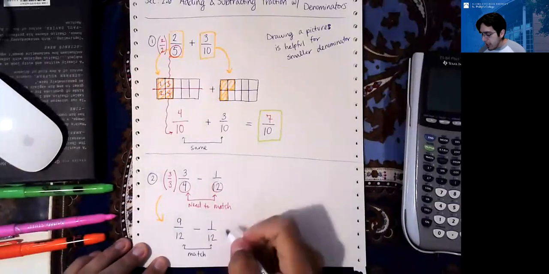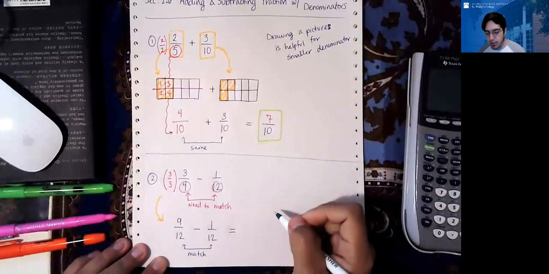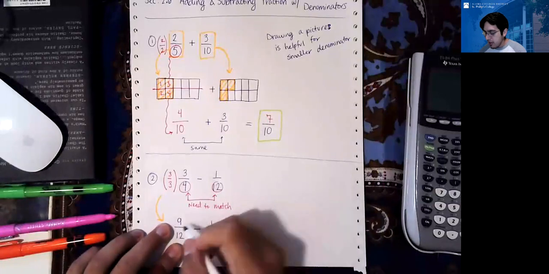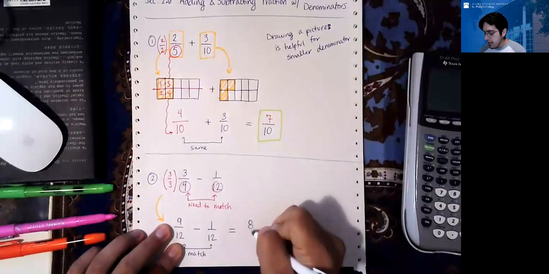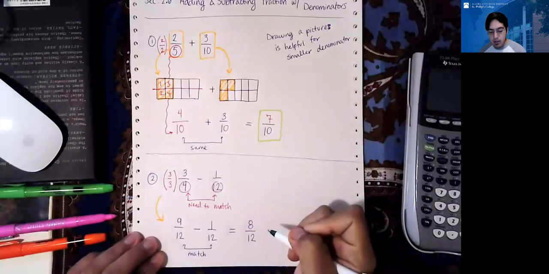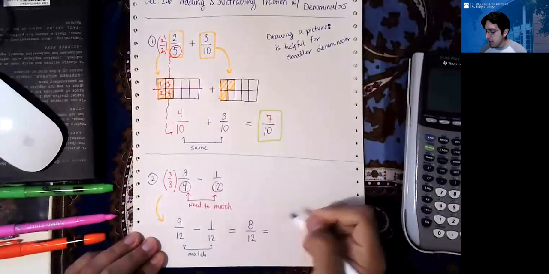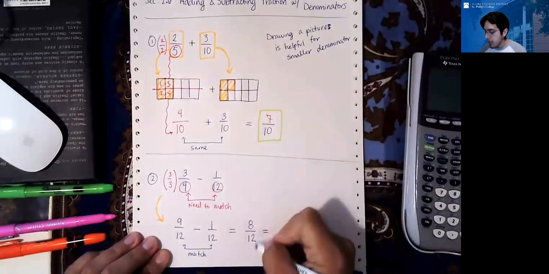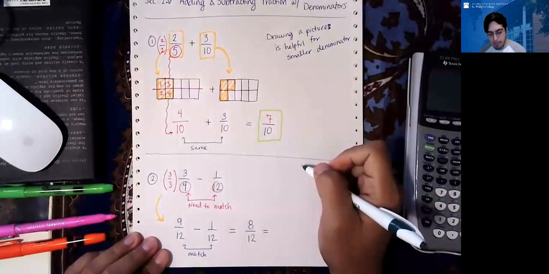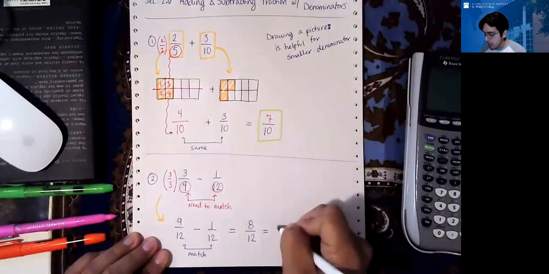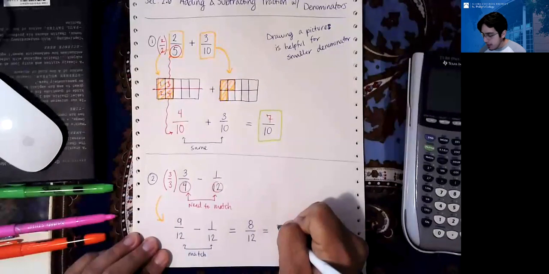Okay, well, if those match, that means that we can go ahead and do the subtraction problem, and we can call this now 9 minus 1 is 8/12. And if we needed to, we could reduce this fraction, right? Can anybody tell me what this fraction reduces to? 2/3. 2/3, yeah. And how did you get that?